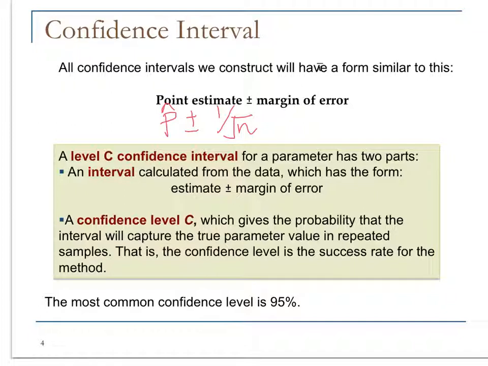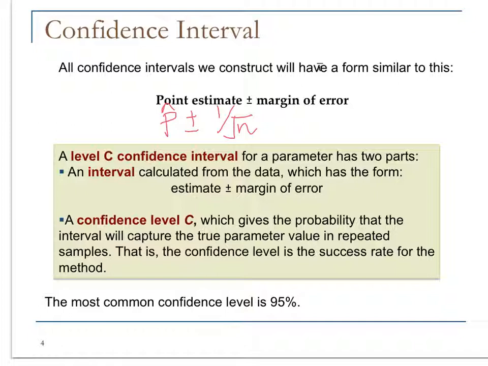Now again, in this lecture, we want to estimate the population mean. We want to estimate mu. But we're going to use this very same structure to calculate confidence intervals. Here on the bottom you should see that the most common level is 95%. Most of the time when you're picking up a peer-reviewed article, reading a journal article, the most common level you're going to see is 95%.